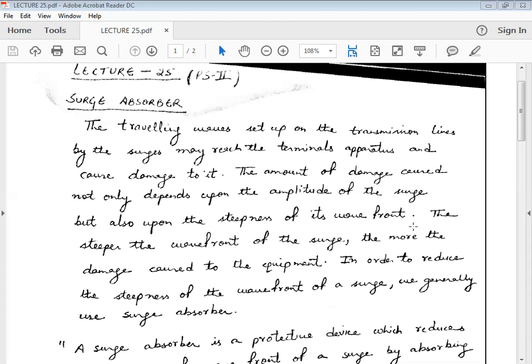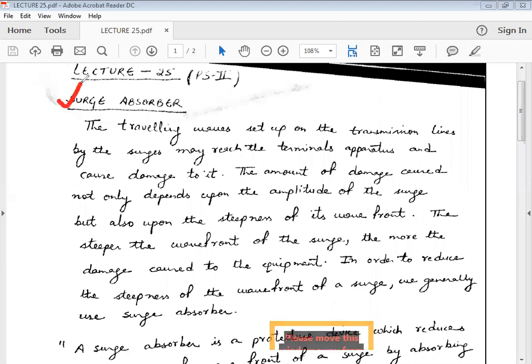The surge diverter diverts the surges, whereas the surge absorber absorbs the surges. Although the surge diverter, also known as a lightning arrester, and the surge absorber perform the same function, the manner in which the surges are quenched is different in both cases. So let us start today's session with the surge absorber.